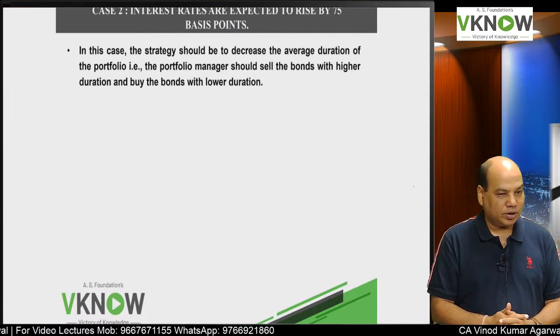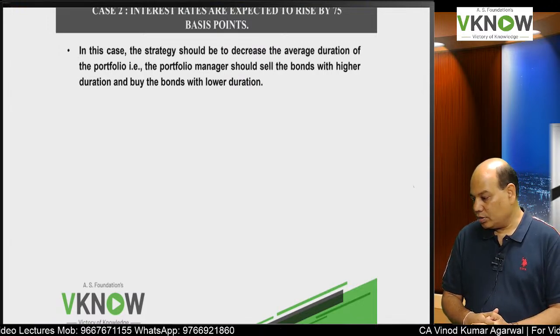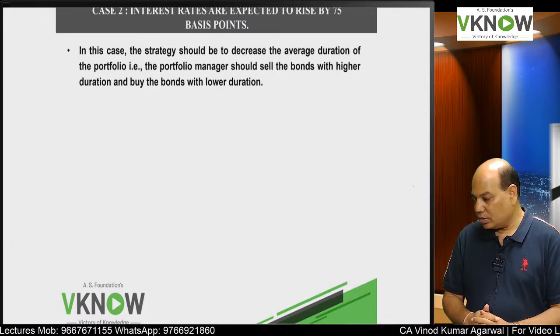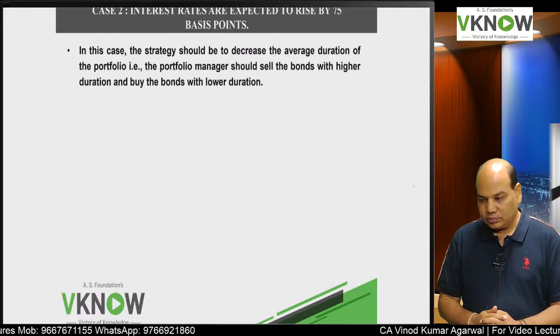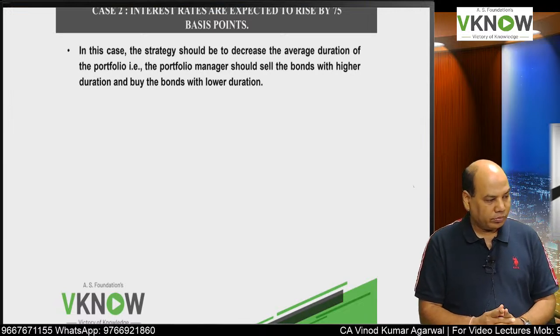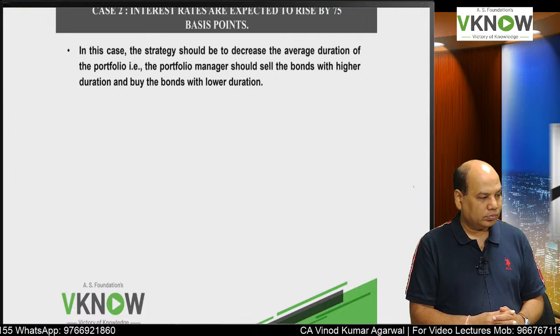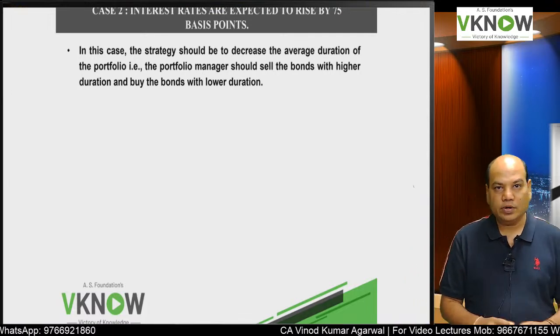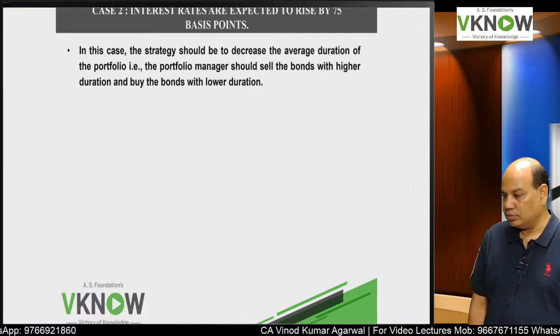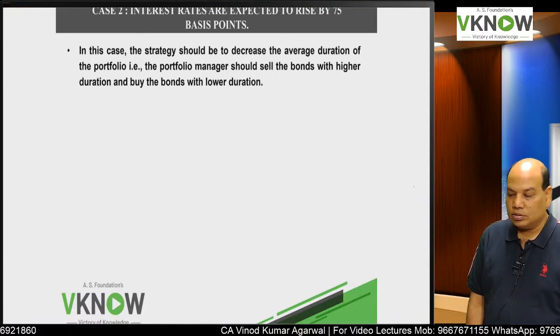Very good answer. Students are now learning this concept. I am very happy. So write down, in this case, the strategy should be to decrease the average duration of the portfolio. Because you know that the bond prices are going to fall.